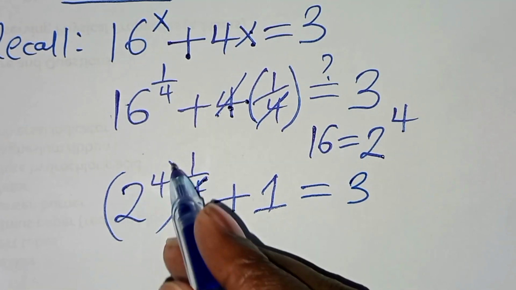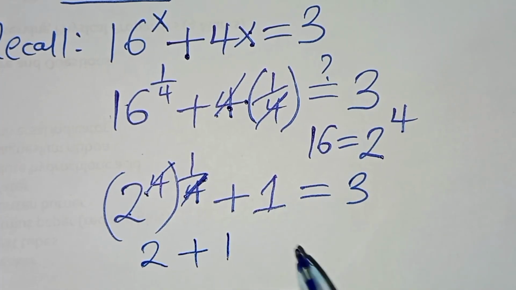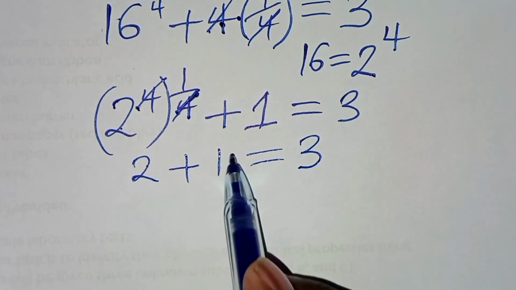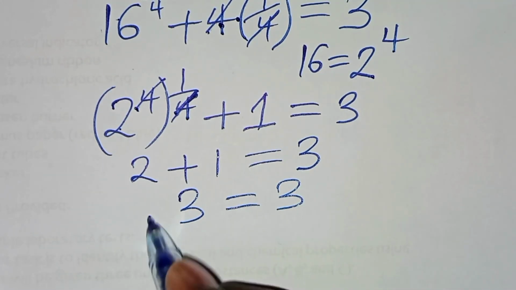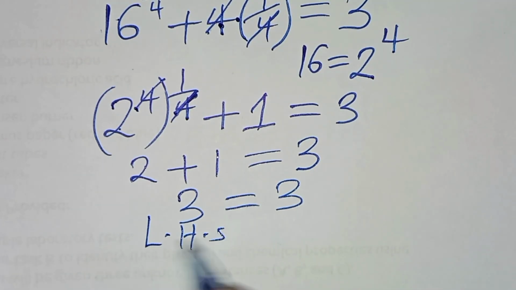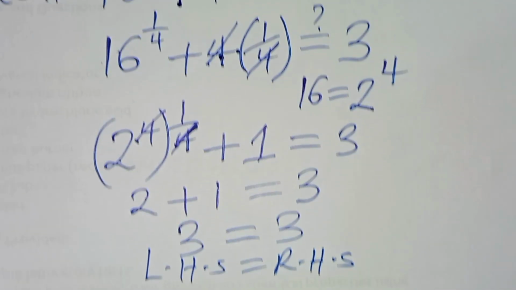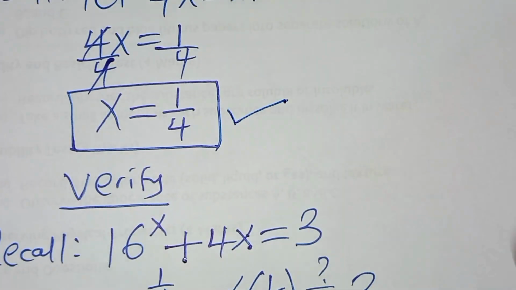This 4 and 4 simplifies, so that we remain with 2. So this means we have 2 here plus 1. This should give us a value of 3. So 2 plus 1, this is 3. And this implies that the left-hand side is equal to the right-hand side. And that shows that the value of x, which is equal to 1 over 4, actually satisfies the equation.